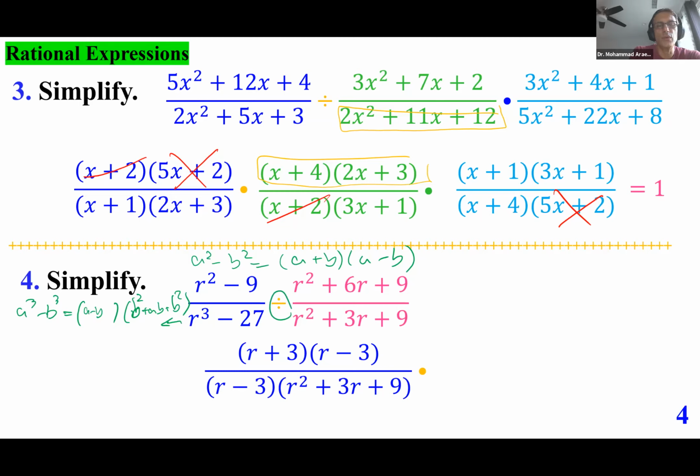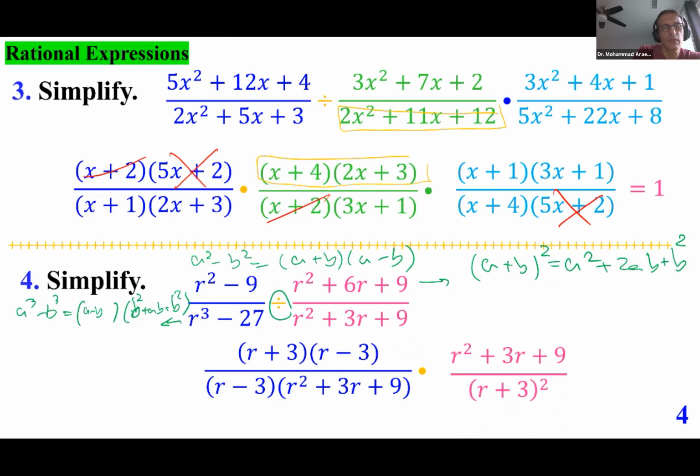We see a division, we flip it over, the bottom goes up, and that's a prime polynomial. The top comes down, and this is in the form of a plus b quantity squared, which is a squared plus 2ab plus b squared.